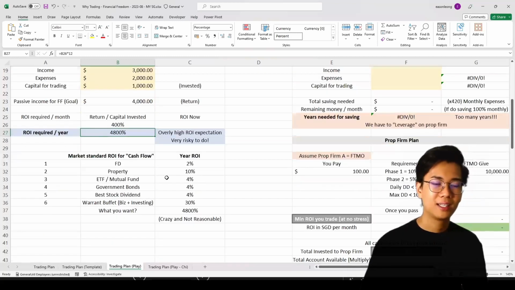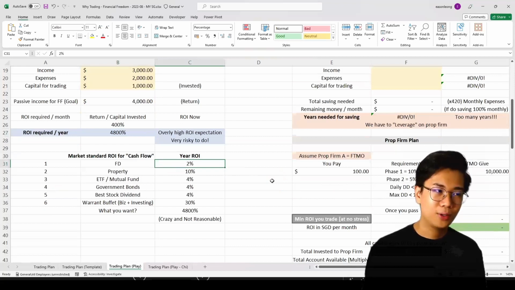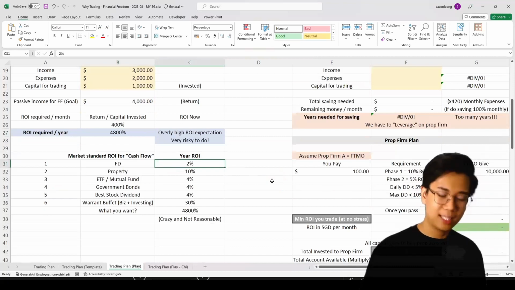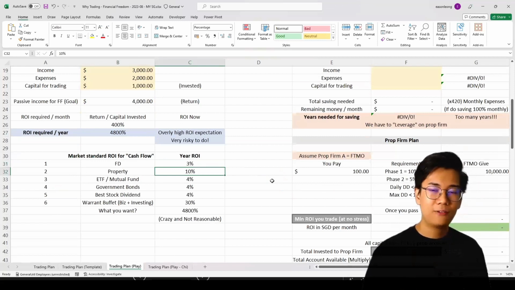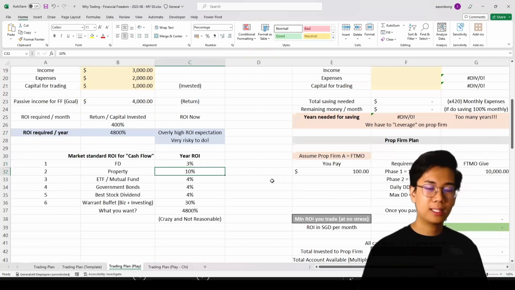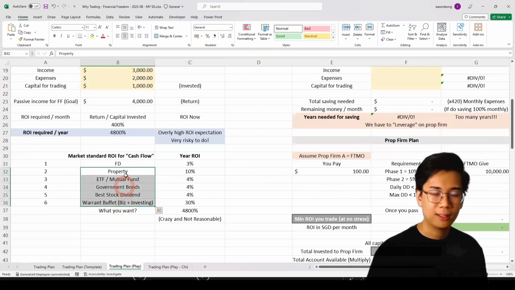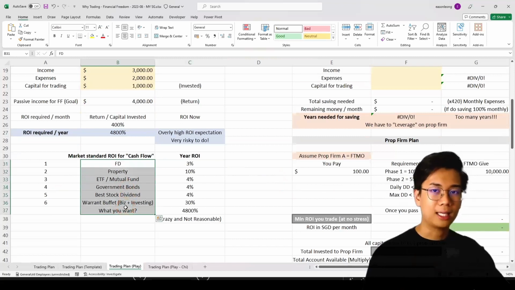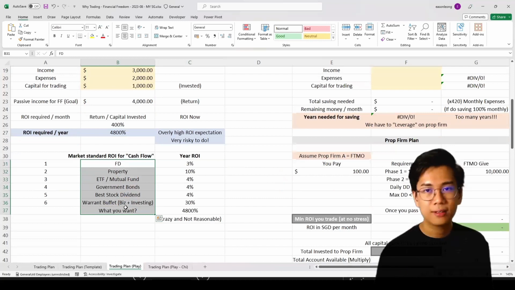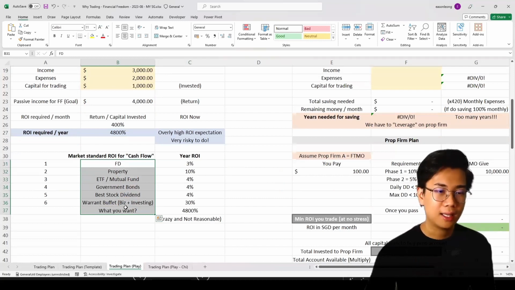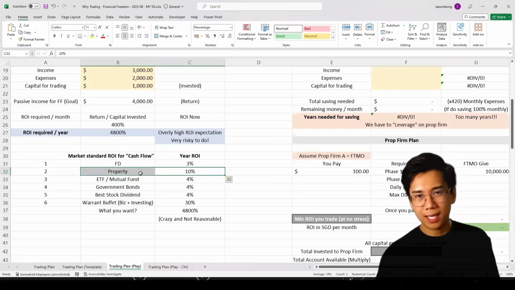Look at this. You put into FD, the rate right now, I think on average the market can give 3% already. These are all the conventional markets that can give you cash flow without you needing to work. FD cannot, property can. Right now, I think the market is quite good.